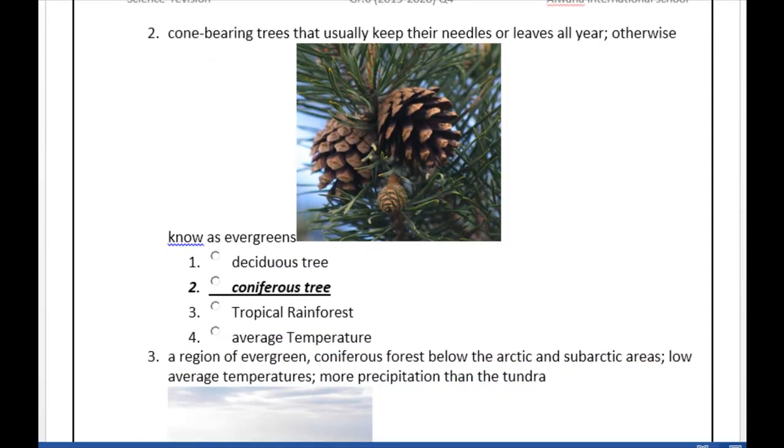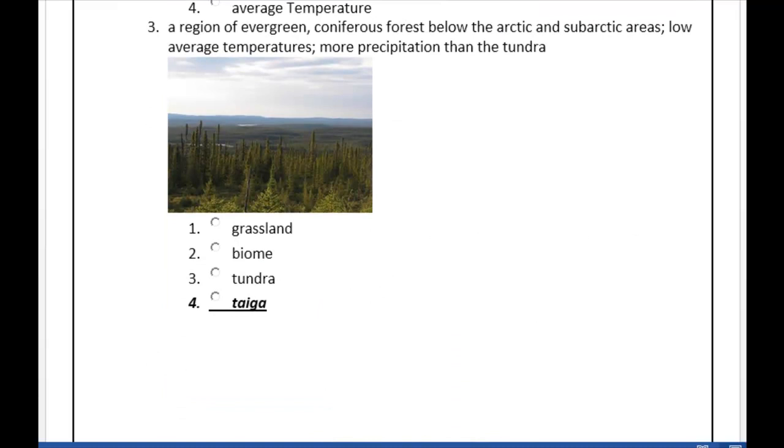This is known as coniferous tree. Number 3, a region of evergreen coniferous forest below the Arctic and subarctic areas, low average temperature, more precipitation. This is a place called taiga.